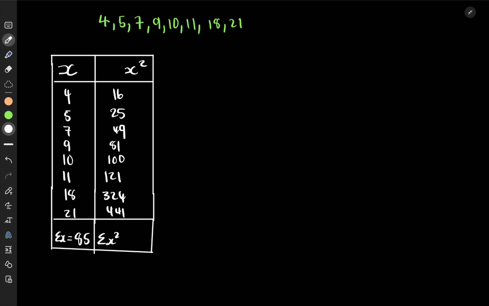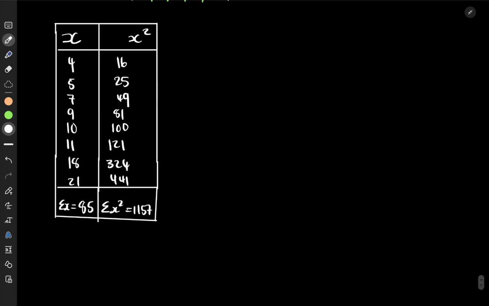It's going to be 16 plus 25 plus 49 plus 81 plus 100 plus 121 plus 324 plus 441, which is 1157.